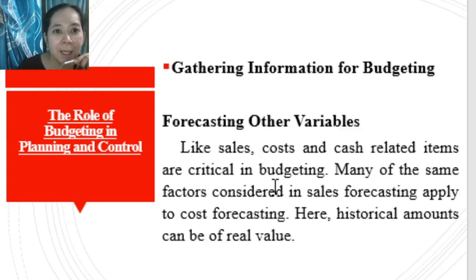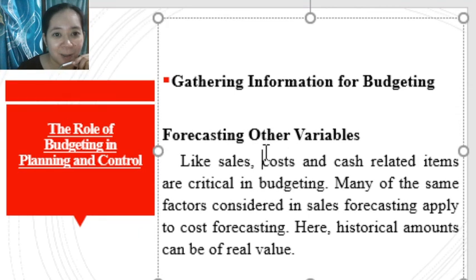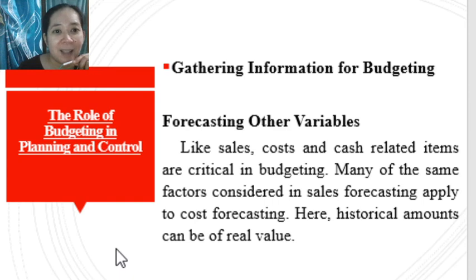Aside from the sales forecast, we will also forecast other variables, like costs, cash, related items, or others that are critical in budgeting. Many of the same factors considered in sales forecasting will also apply to cost forecasting.